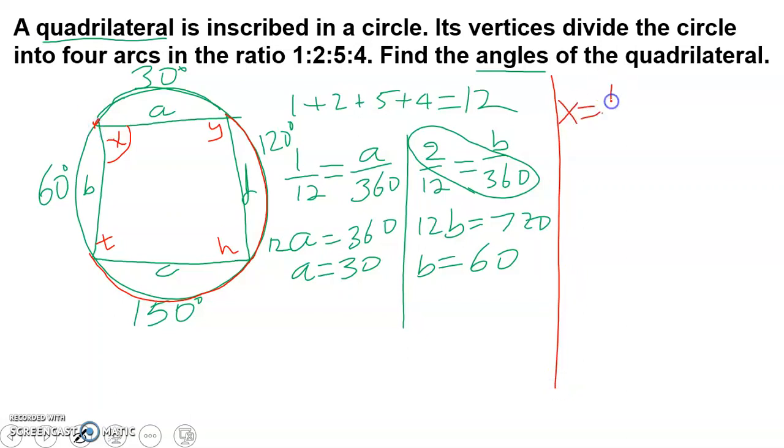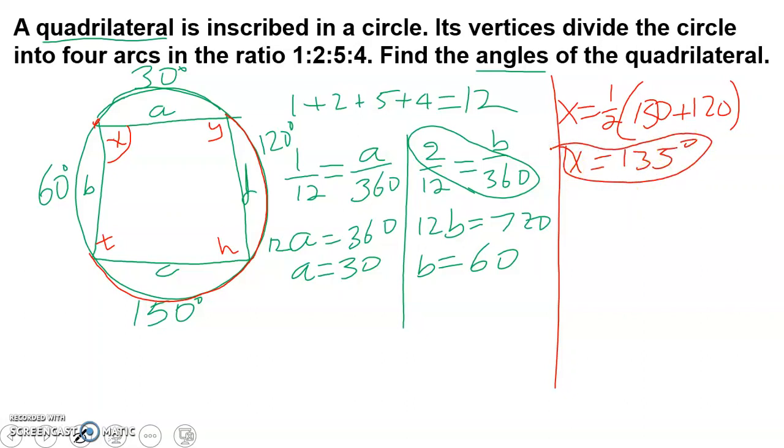So X is 1/2 of 150 plus 120, which divided by 2 is 135. X is 135 degrees. So that's one of the angles.